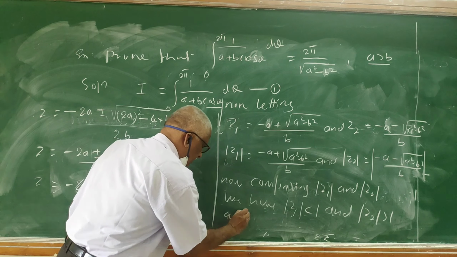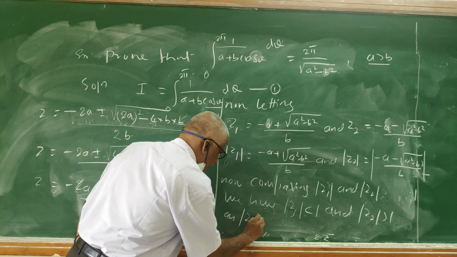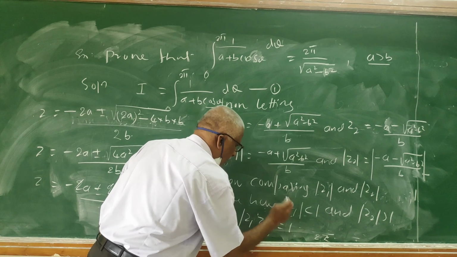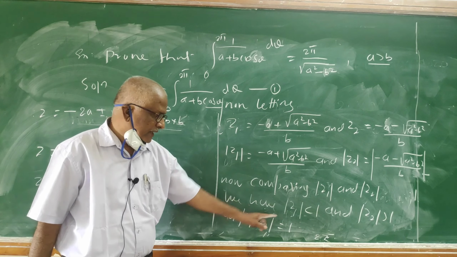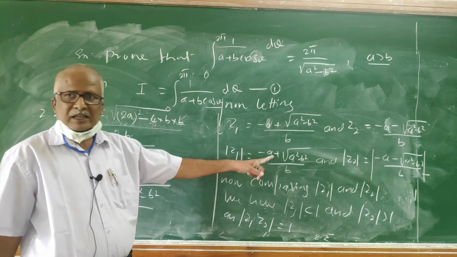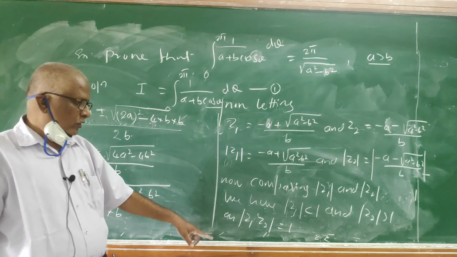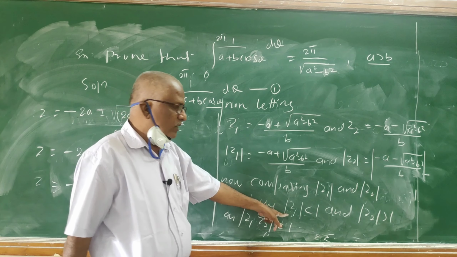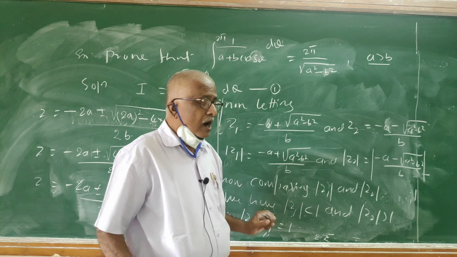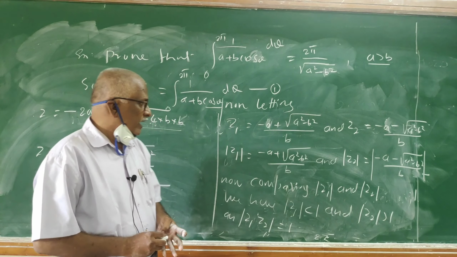As mod z1 into z2 is equal to 1, that means mod z1 into mod z2 equal to 1 here. One must be less than 1 and another must be greater than 1. How, you may ask me a question again? Look at this here.